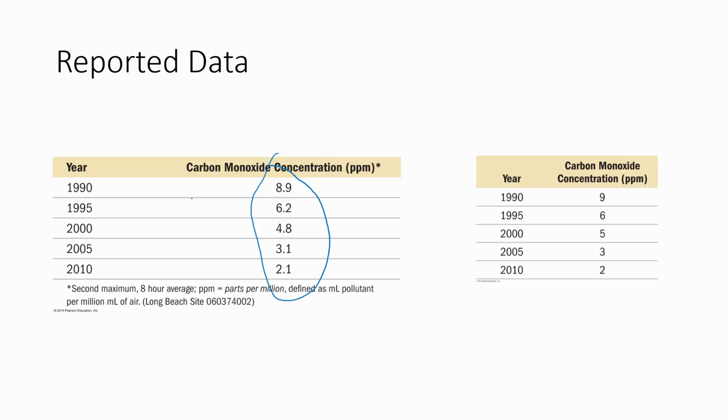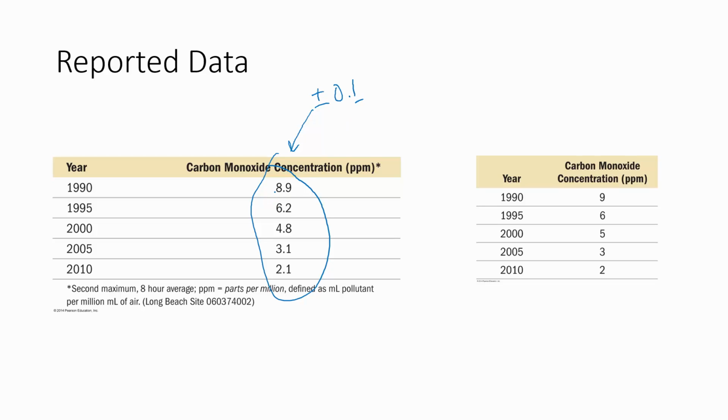So for instance, in this data, the amount of carbon monoxide concentration in the atmosphere in different years from 1990 to 2010, I'm showing 8.9, 6.2, etc. I'm showing a ones digit and a tenths digit. What that's implying to somebody who's looking at this is that this is known to plus or minus 1 in the last digit shown.